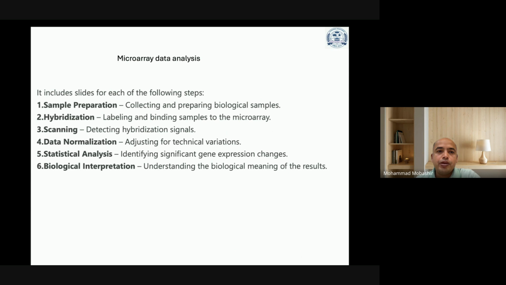Sample preparation will include collection and preparation of biological samples, labeling and binding of samples to the microarray, detecting hybridization signals, adjusting for technical variations, then identifying significant genes in terms of expression, mutation, or epigenetic modifications. Finally, understanding and interpretation of the data in terms of biological interpretations.